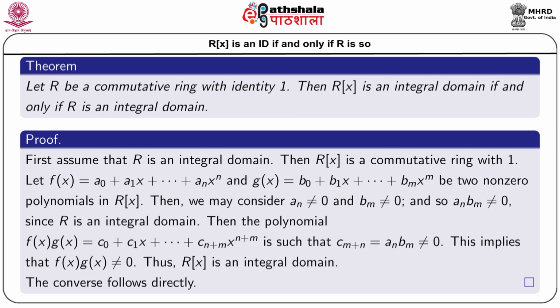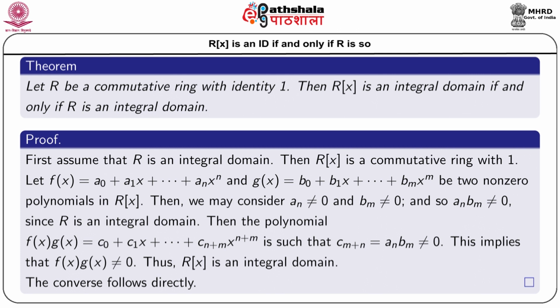Sometimes it may be an integral domain also, which we will see in the next result, where we will characterize those commutative rings with unity R for which the polynomial ring R[x] becomes an integral domain.